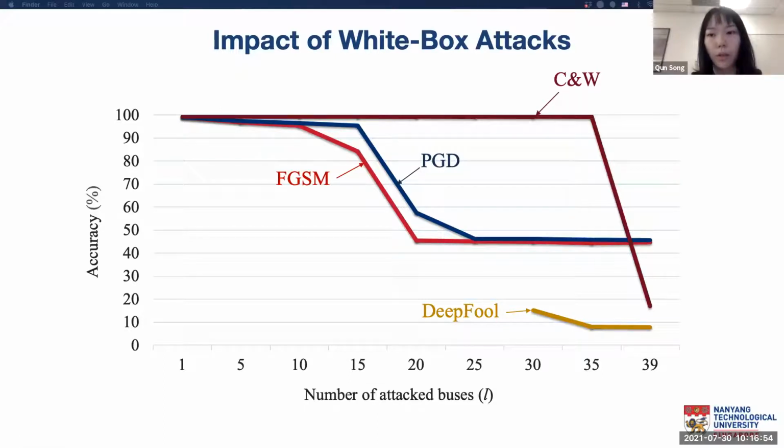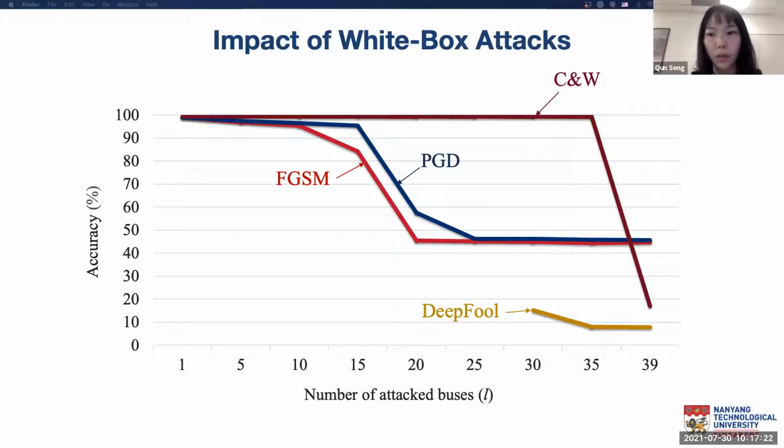In this figure, the DNN accuracies under white box attacks are presented. White box means the attacks are constructed based on the target VSA DNN's parameters. The y-axis of this figure is the accuracy, and the x-axis is the number of attacked buses L. First, let's look at the result under the input-specific attacks.